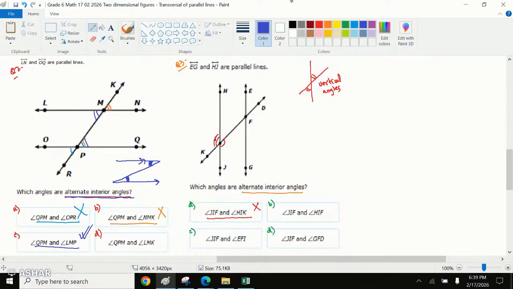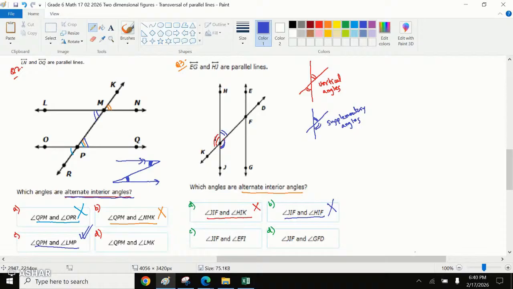Let's look at the second option, JIF and HIF. Whenever we have two angles on a line and they sum up to 180, they are supplementary angles. So they are not alternate interior.